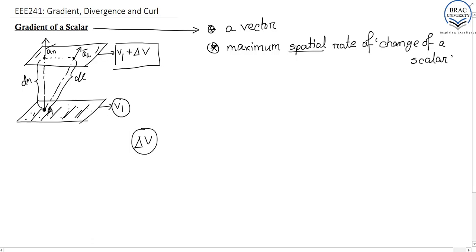Let's say you're standing over here, the point, let's name it A, and you want to go to a point on the upper equipotential surface. Let's say you want to go over here, which is B. Now, if you follow the AB path over here, you will have to move a distance equal to dl.